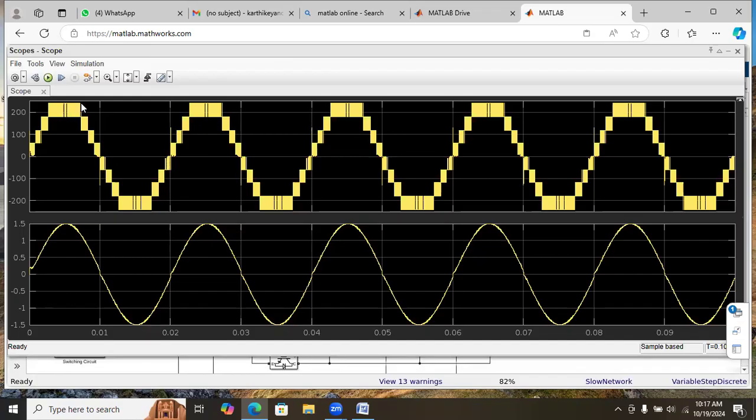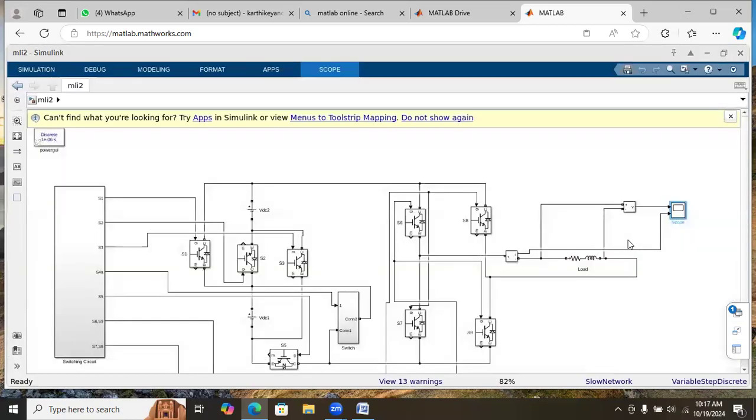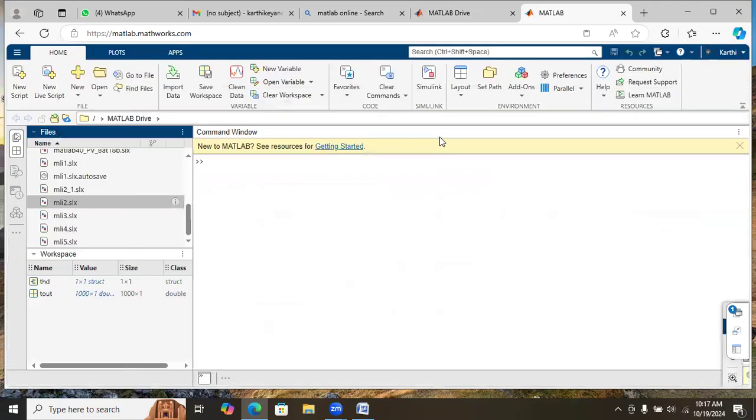The maximum voltage is also the same. The levels are also the same, 1, 2, 3, 4, 5, 6, 7, 8, 9 levels. So even after reducing one switch, we can get the same output for the same input voltages. And still we can reduce the number of switches.